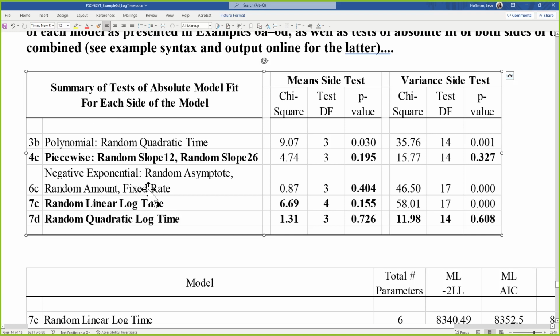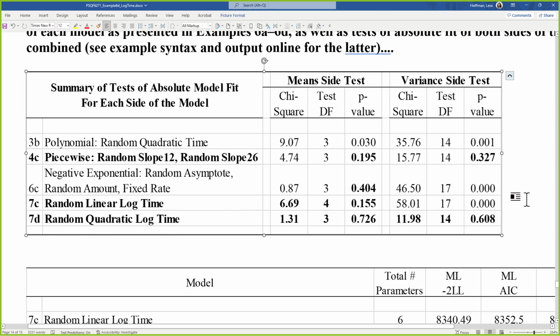So I kept it fixed, and this negative exponential model did a good enough job on the mean side, but not a good enough job on the variance side. The random linear log time model that we looked at in this example, also good enough on the means, not good enough on the variances, whereas the random quadratic version of log time that we just finished with, good enough on both sides.